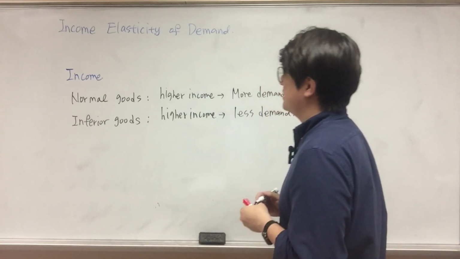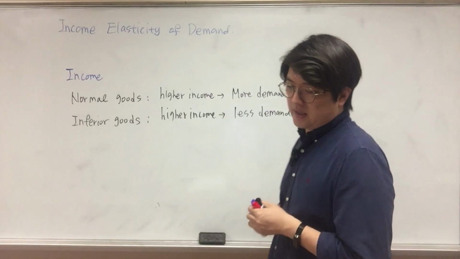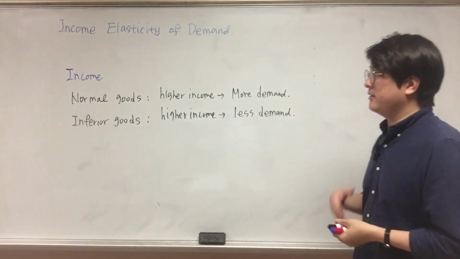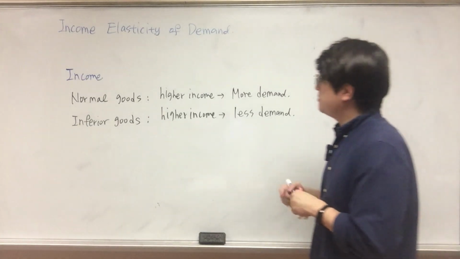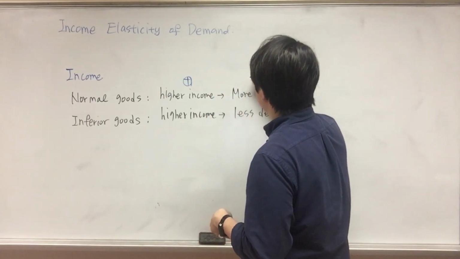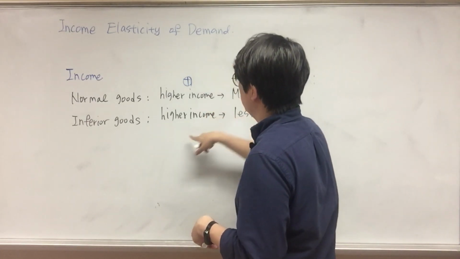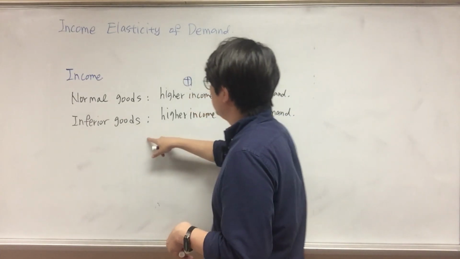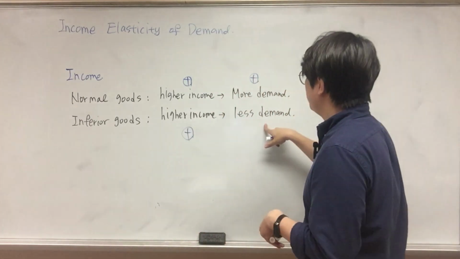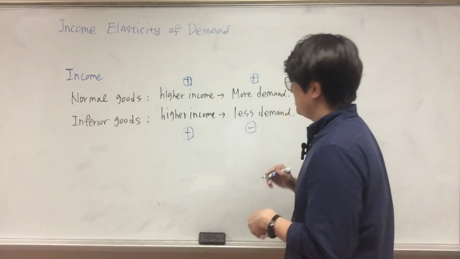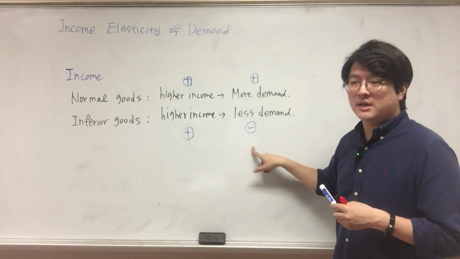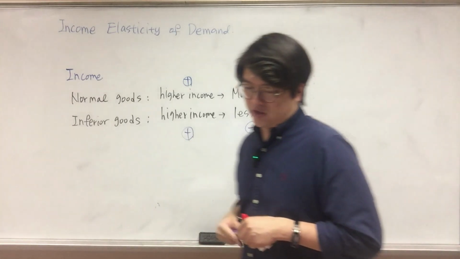So this is normal goods and inferior goods. If we think about directions for each good, this one is plus. A normal good has the same directions, plus and plus, minus and minus. But on the other hand, for an inferior good, if we have higher income, we have less demand. So this one is minus. If this one is minus, this one is plus. So they have opposite directions.